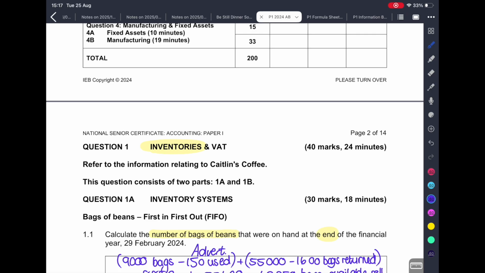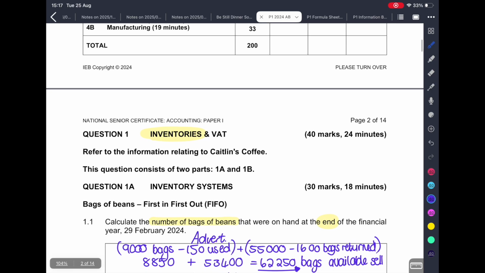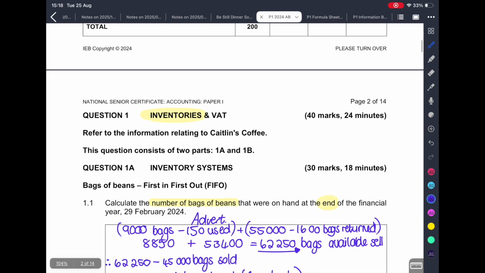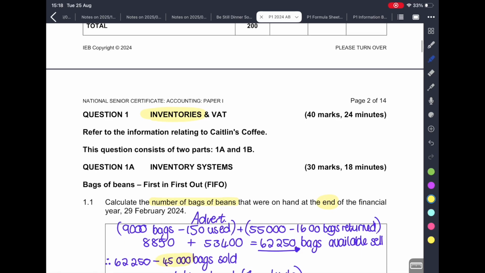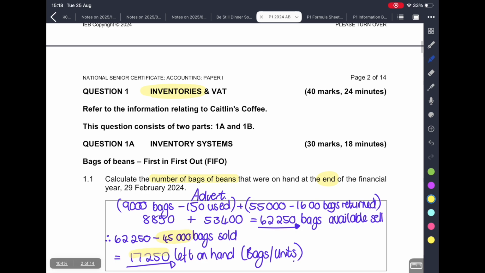So I'm just taking out the bags that I returned. So now I've got my units clean. 62,250 bags was available to sell during the year. I know how much I sold. I sold 45,000. So if I sold 45,000, that means of the 62,250, 17,250 is left over. Let's go to the next one.